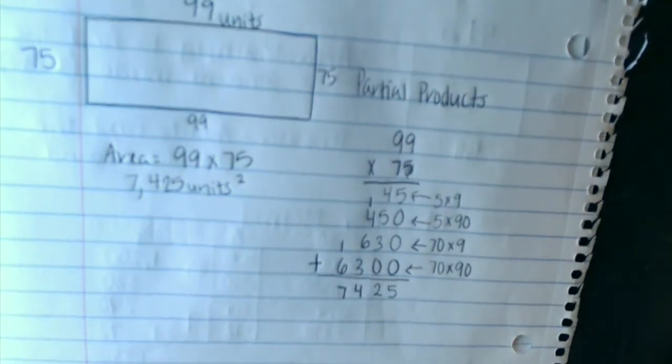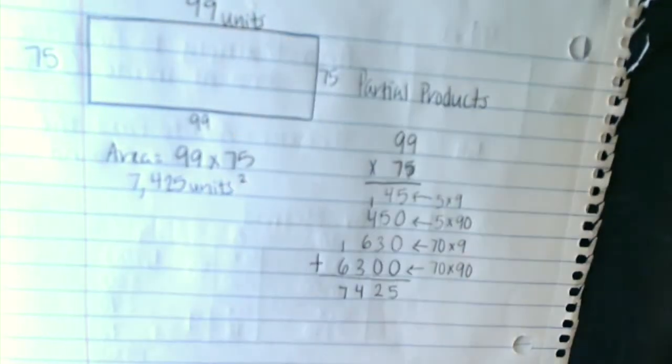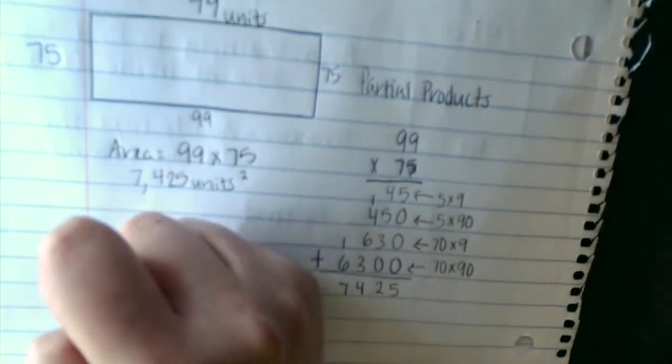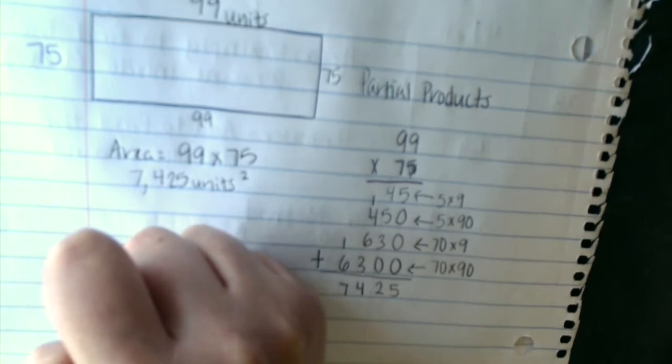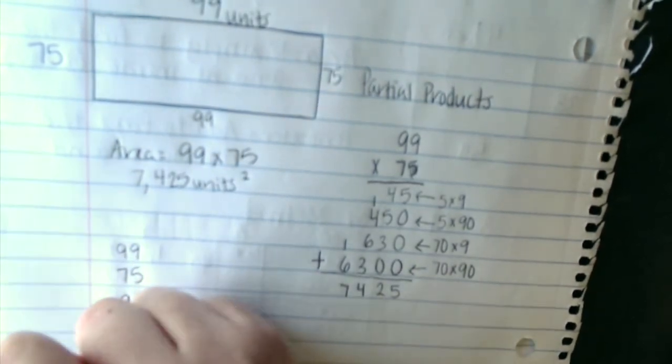Next, we're solving perimeter. Remember, perimeter, we go all the way around our rectangle. We add them up. So for perimeter, here we go. 99 plus 75 plus 99 plus 75.